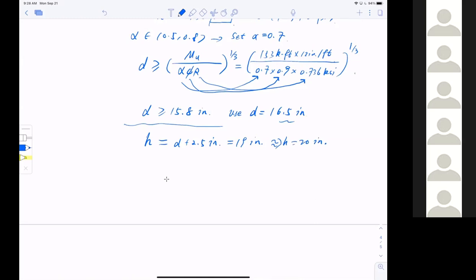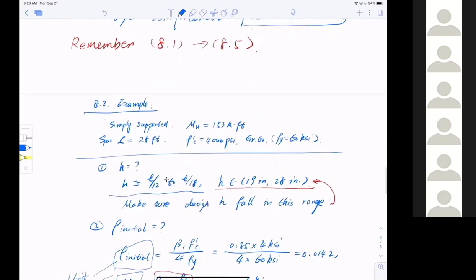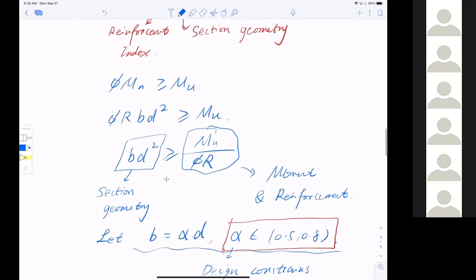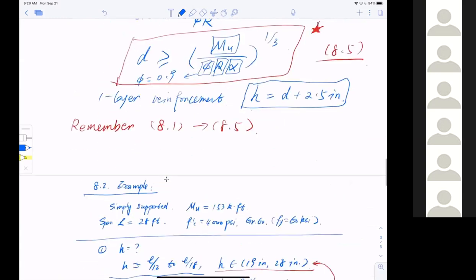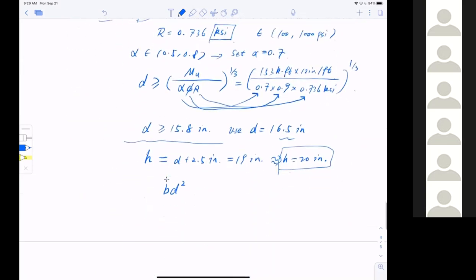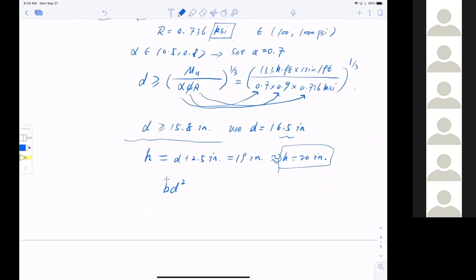So now with this H equal to 20 inch, I'm going to bring back in BD squared, remember BD squared, which is the equation right here. BD squared has to be bigger than mu divided by phi r. You say, wow, you just did that already, didn't you? You just derived depth, but remember, I changed it.